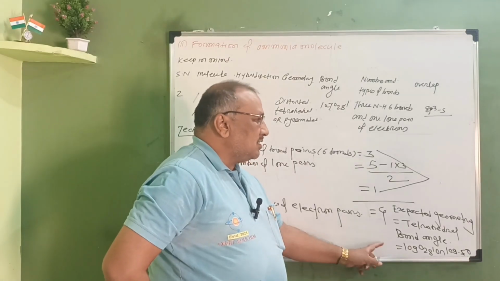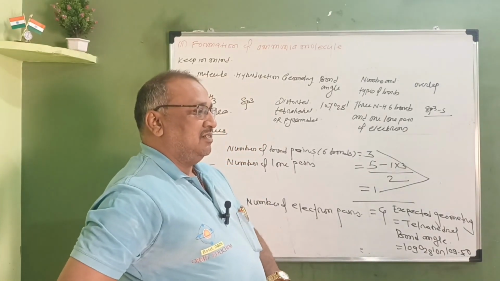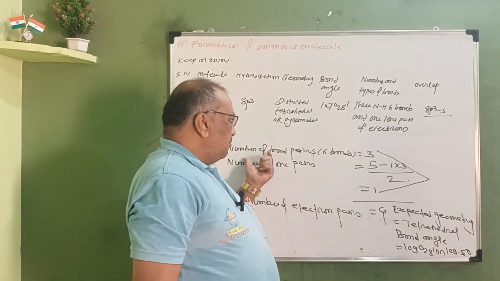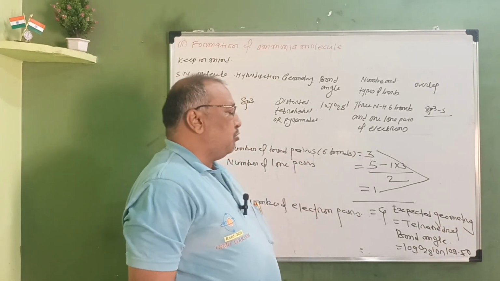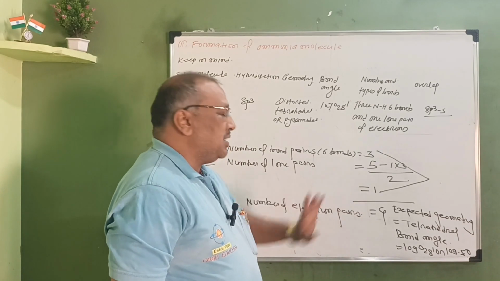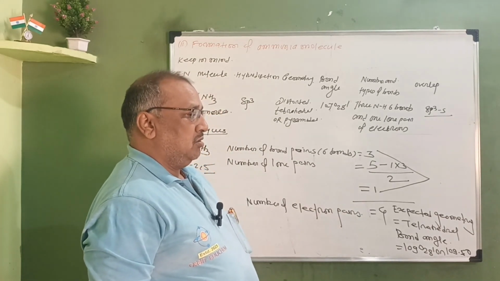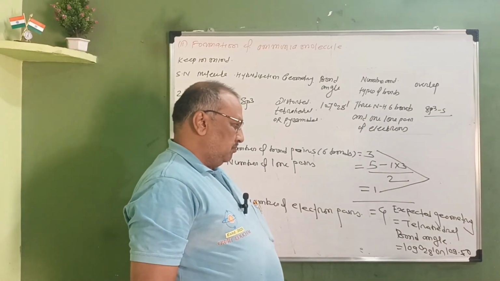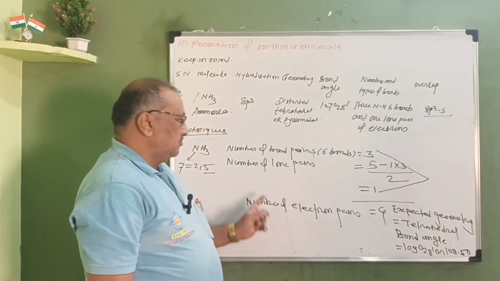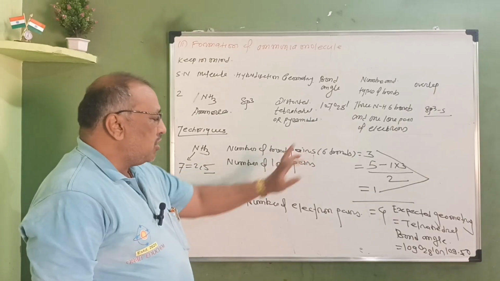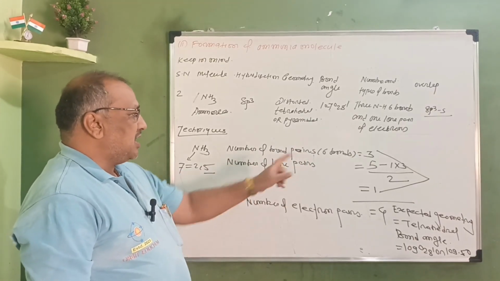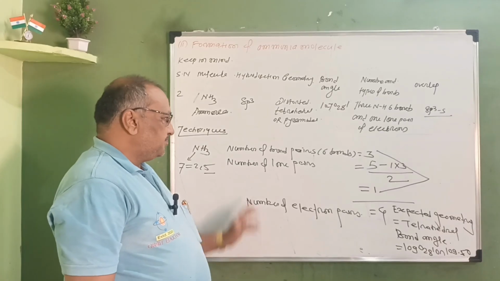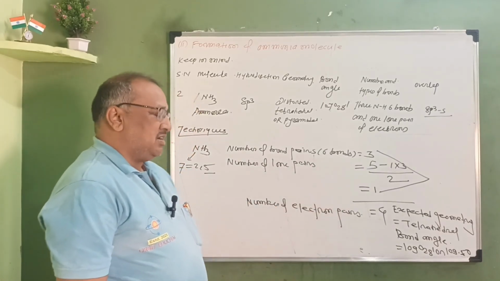Now this case is applicable only if the number of bond pairs is equal to 4 and the number of lone pairs is equal to 0. But here the number of bond pairs is 3 and the number of lone pairs is 1.